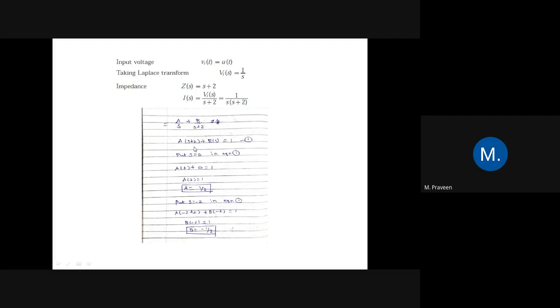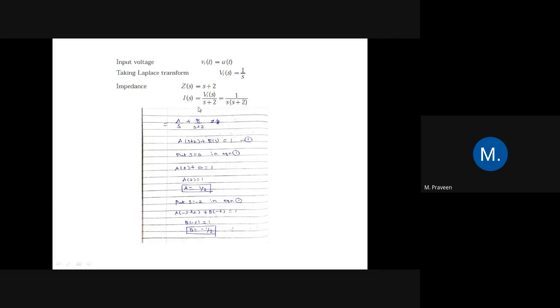First we have to find the value of A. To find A, we put S equal to 0, so that B's term becomes 0. Then A into 0 plus 2, that is 2A, plus B times 0, equals 1. Therefore A is equal to 1/2.